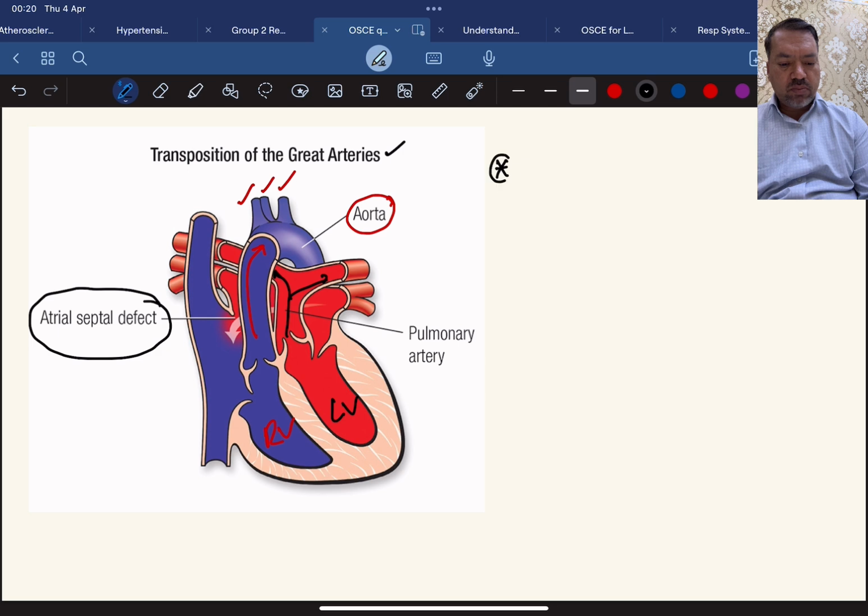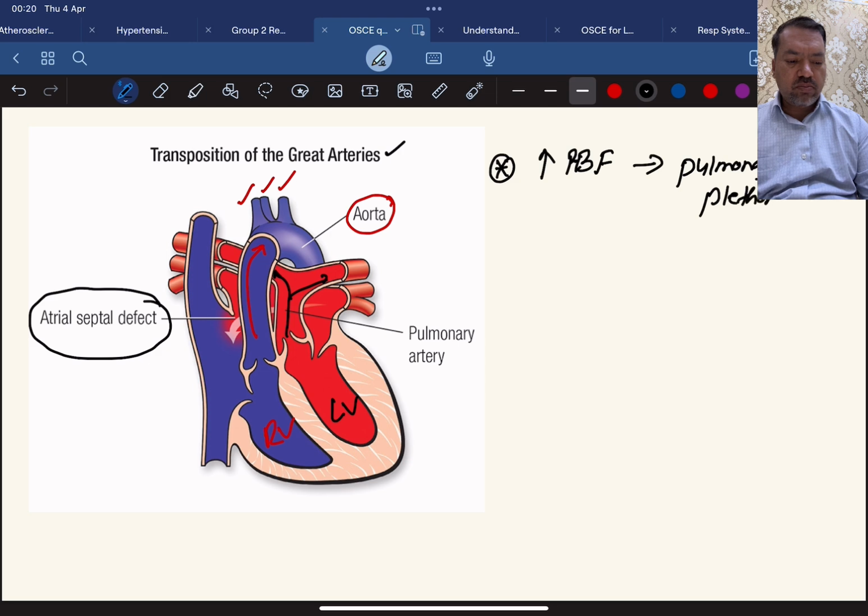Now one common problem here is increased pulmonary blood flow. As a result of this, it leads to pulmonary plethora. And this pulmonary plethora, later on, all that blood which goes to the lung will come back to the heart, and this can result in congestive heart failure.